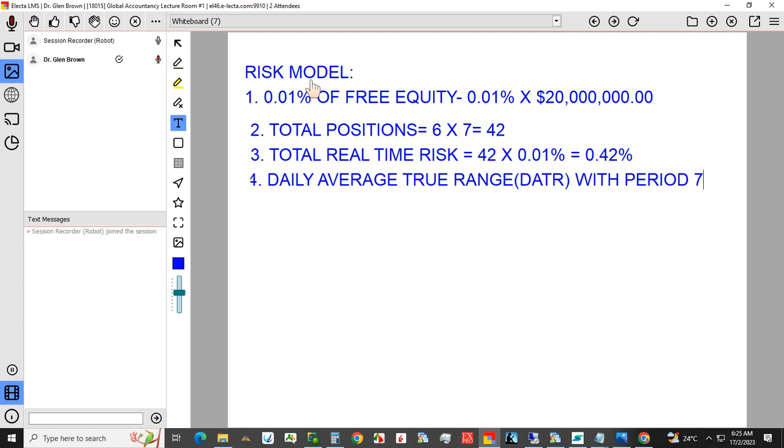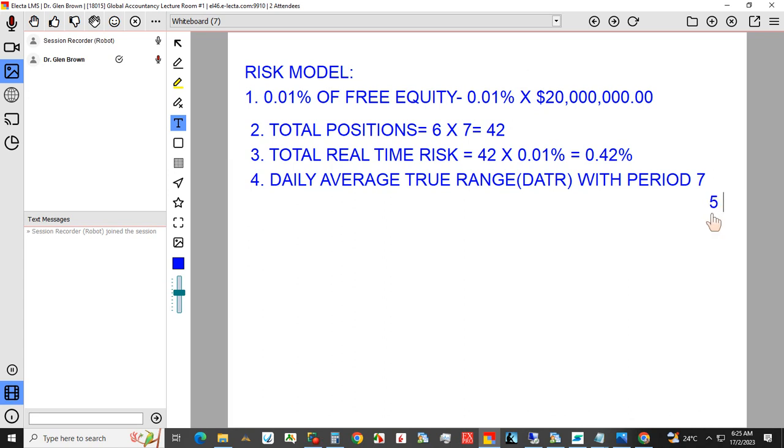So we are taking the 7-period daily average true range as stop loss. Okay?